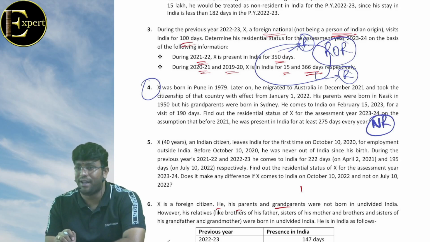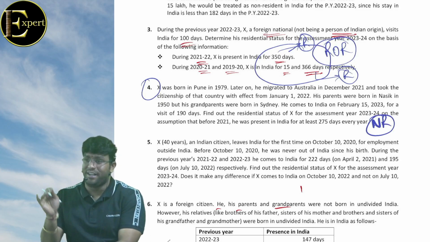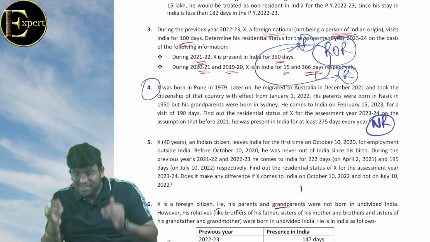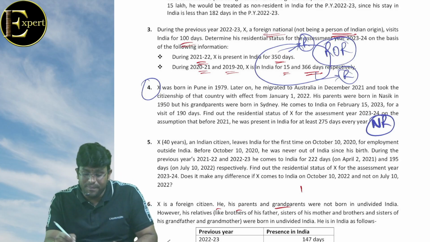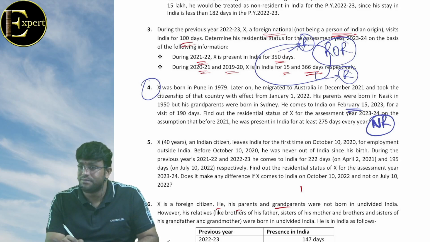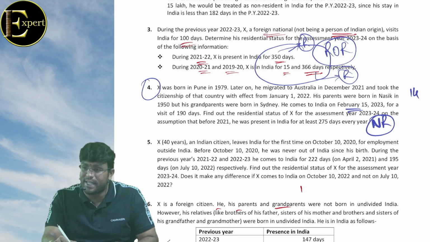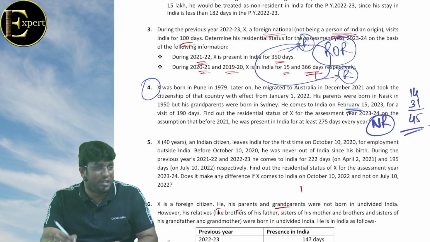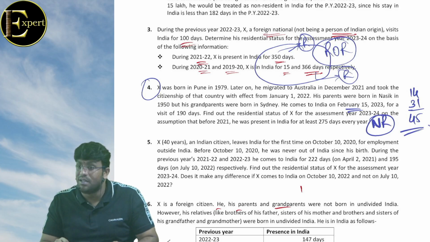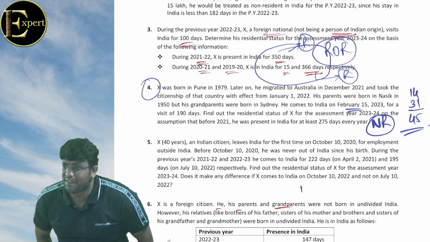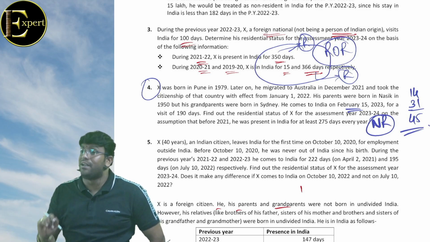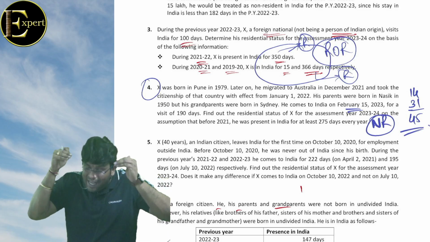You have to understand that he has come to India for 190 days, very good. But in previous year, how many days is there for India? That is important. When did he come? Feb 15th. Matlab is there in India for 14 days in February, 31 days in March, totally 45 days. Can he satisfy basic condition? What is his status then? Non-resident. So my dear friends, you have to understand that कितने दिन आए ये important नहीं है, previous year में कितना दिन आए वो important है.